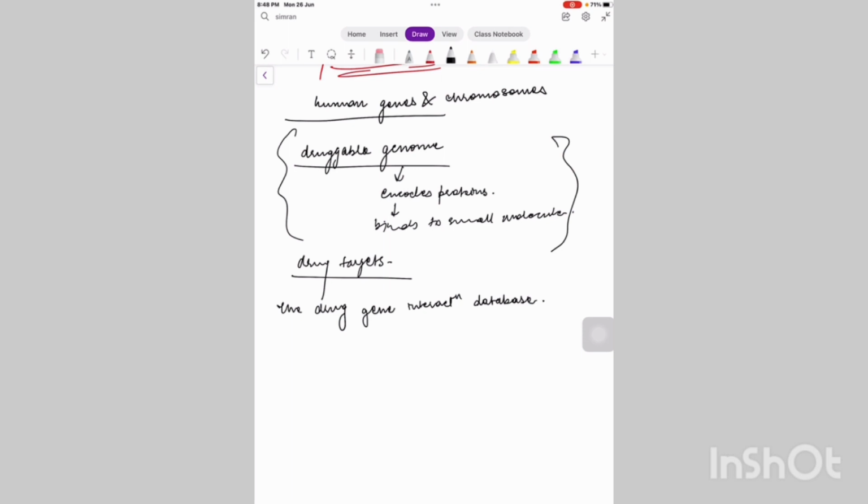So this was about genomics and its role in target identification, how it helps.